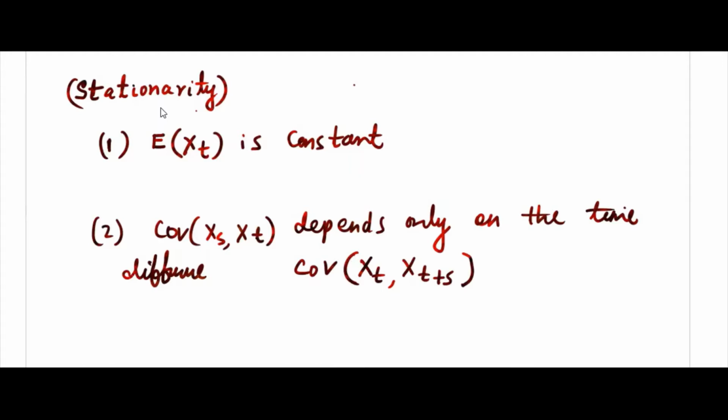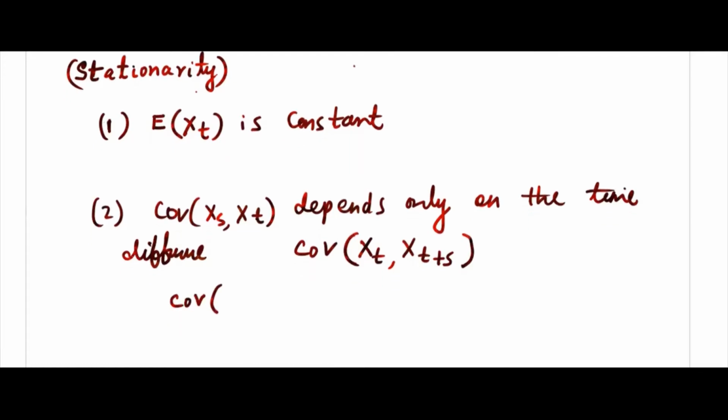That means what we want to say is, if you want to find covariance of X10, X12 and covariance of X110, X112, they must be the same. It will depend only on the time difference, that is s here.